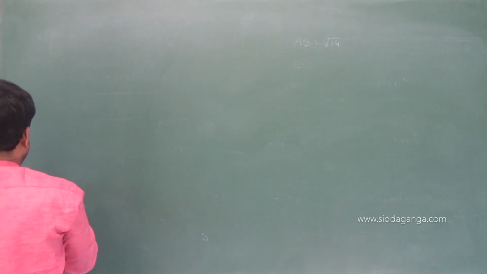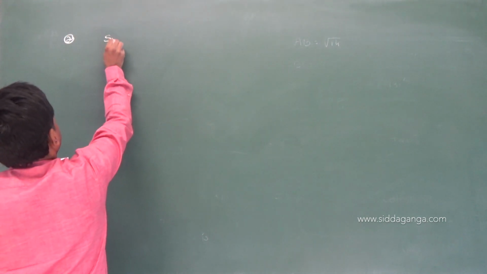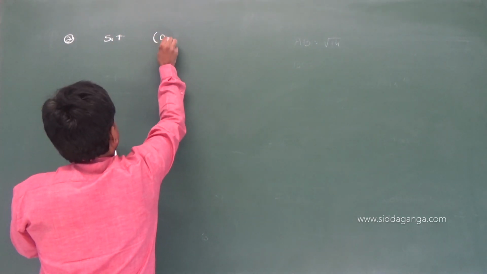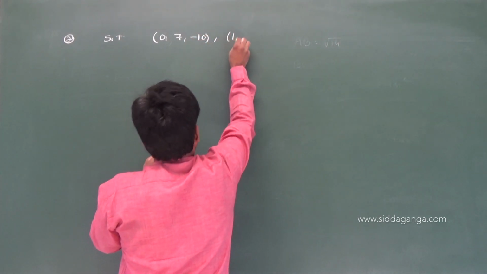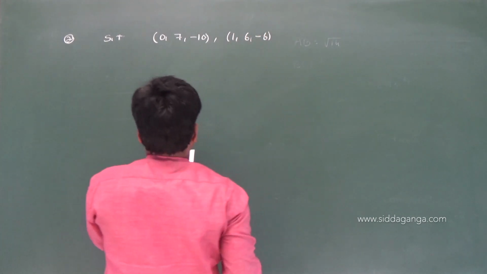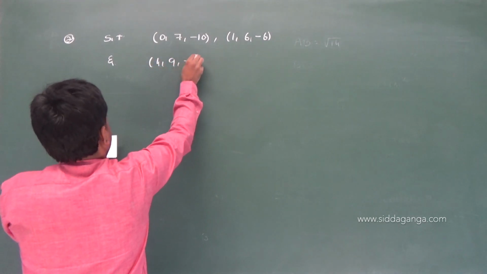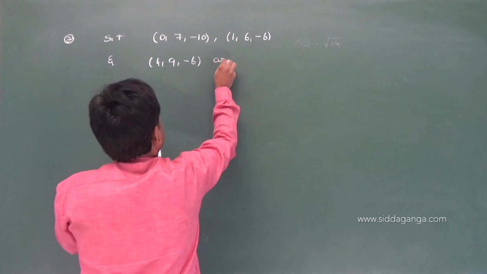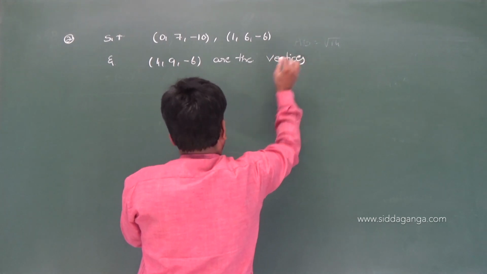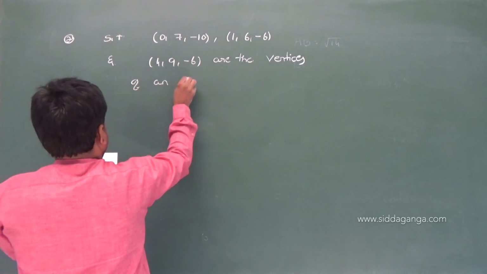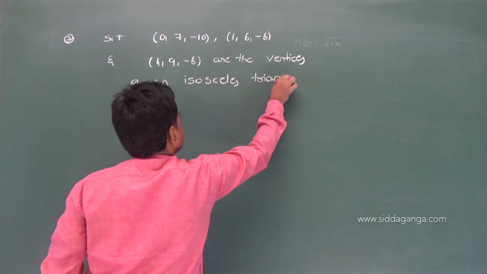Next problem. Show that 0, 7, minus 10 is the first point, 1, 6, minus 6 and 4, 9, minus 6 are the vertices of an isosceles triangle.